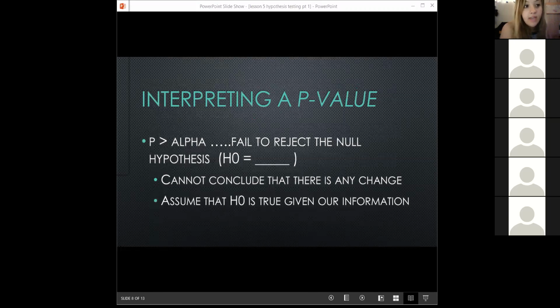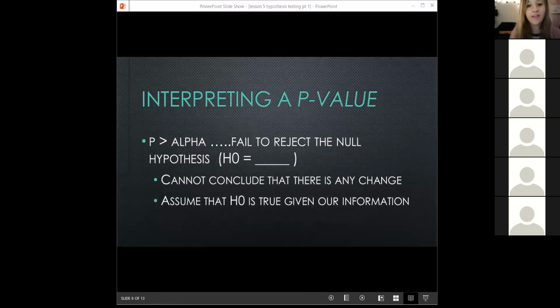You're saying, yep, you're right, no change. You took all this data, took a bunch of time out of your day, and your p-value is greater than alpha, so still no change. You didn't find any evidence, not statistically significant, can't conclude that there's a change, and that's that.